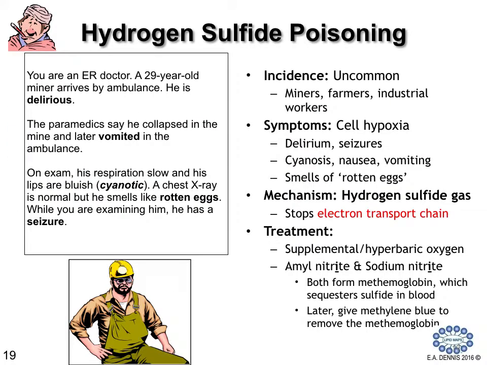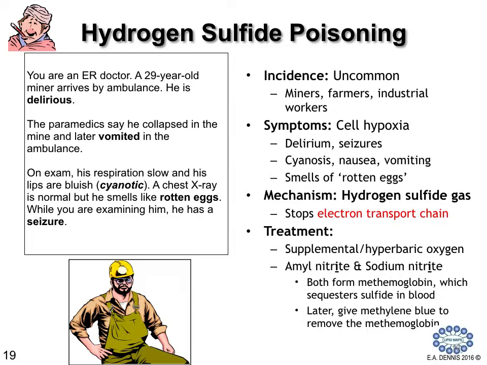I want to now conclude this lecture by illustrating three different gas exposures that lead to poisoning of the electron transport chain. In the first example, we're talking about hydrogen sulfide. And you could imagine yourself being an ER doctor.